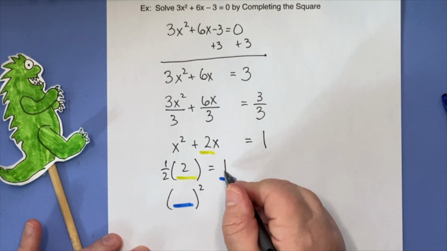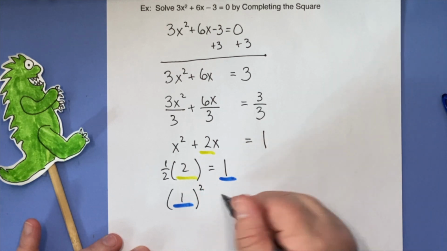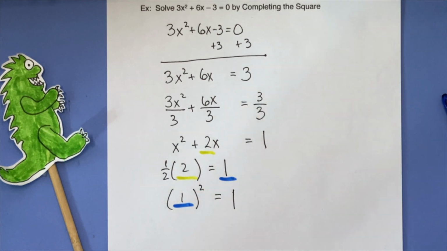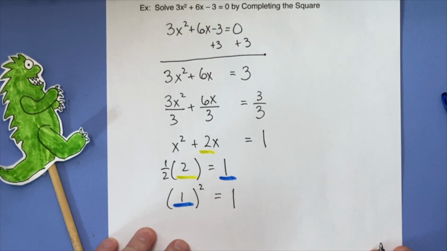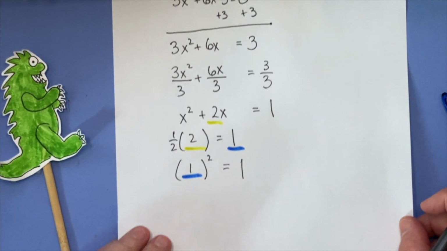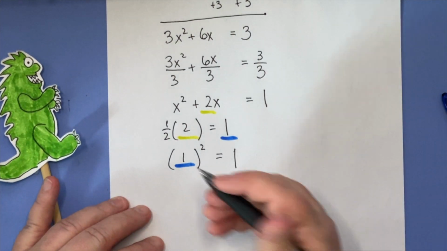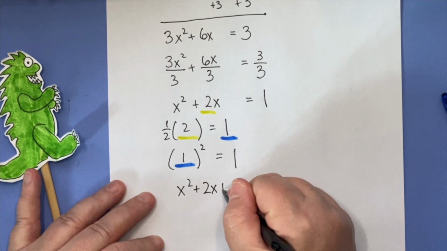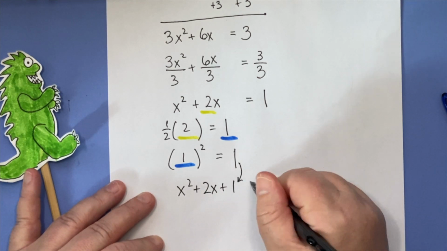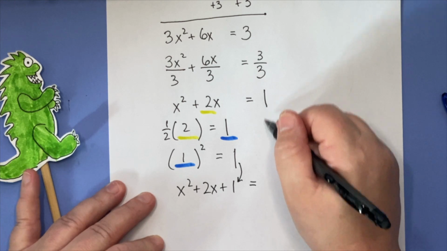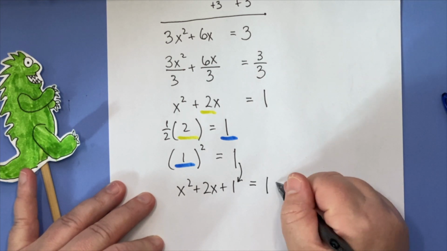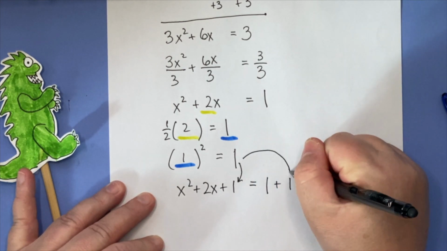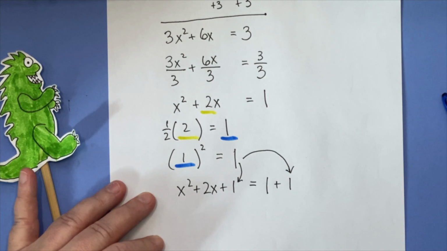So then we take the 1 and we square it. In this case, it's not that exciting. I know 1 squared is still 1, but watch what happens, because now we're required to add that to both sides. So I do the x squared plus 2x, and then I add a plus 1, equals, now there's already a 1 here, and then we have to add a 1 on the other side as well.